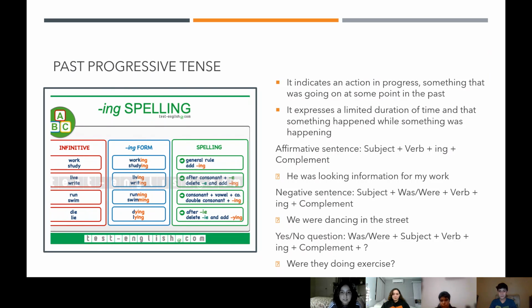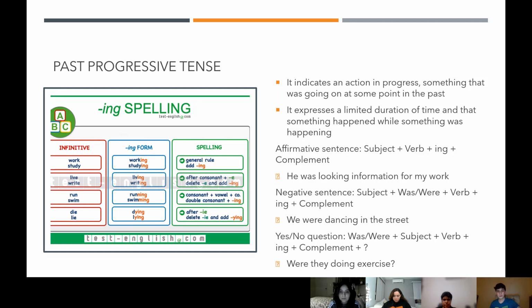Past progressive tense. It indicates an action in progress, something that was going on at some point in the past. It expresses a limited duration of time and that something happened while something else was happening. Affirmative sentence: subject plus was/were plus verb plus ing plus complement.